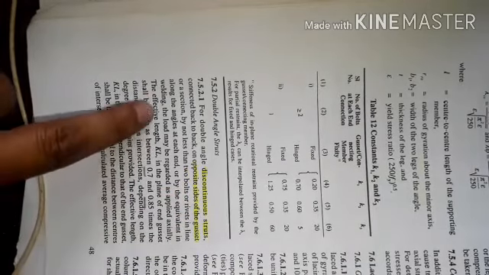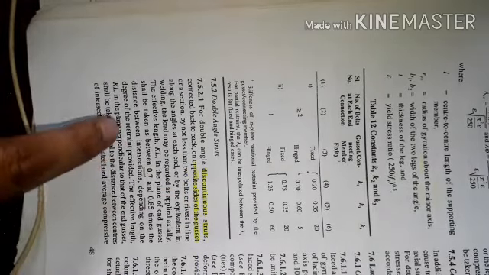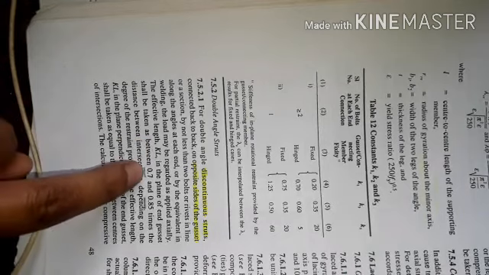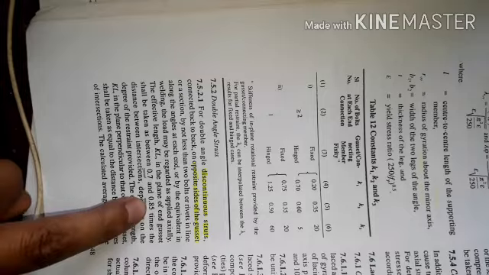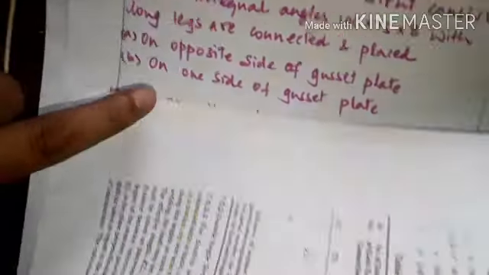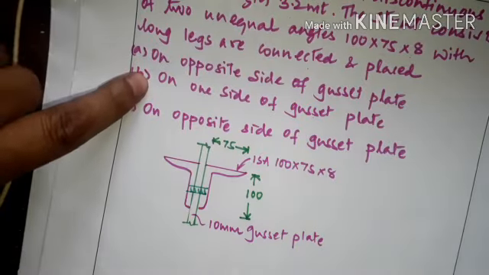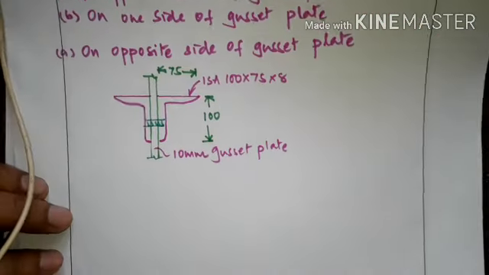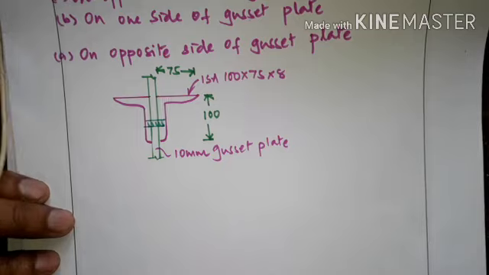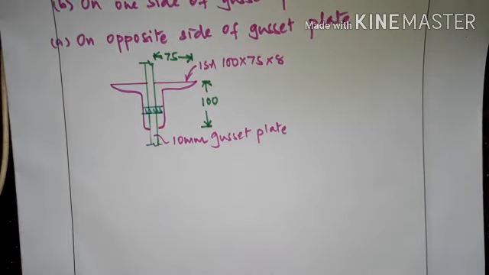So that time you have to calculate the effective length factor using K equal to 0.7 to 0.85. So you can use 0.7 to 0.85 times the length of the member. Okay, understood? Before that, I'll note down the properties from the steel table.